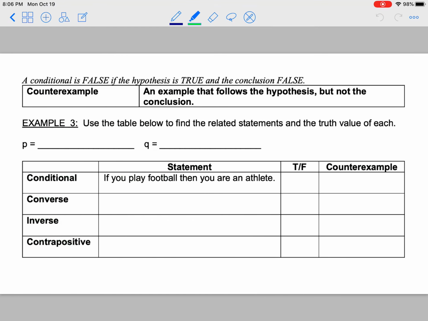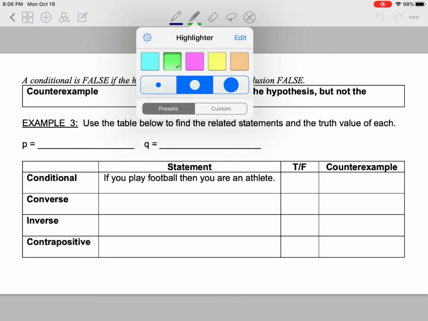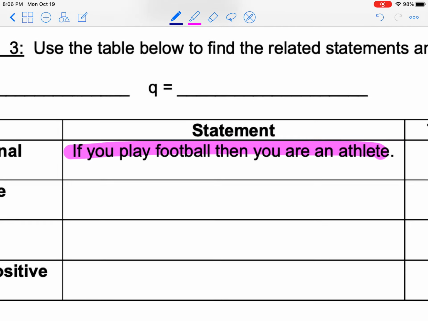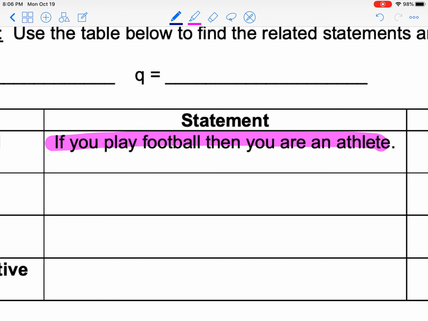Okay, so let's practice rewriting those equations here. So let's start with example 3, then we'll go back up to that vocabulary word of counterexample in just a minute. So the statement that they're giving us is, if you play football, then you're an athlete. So again, we want to locate our hypothesis and conclusion. So there's if and then.